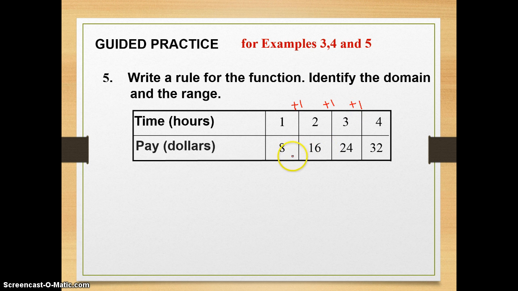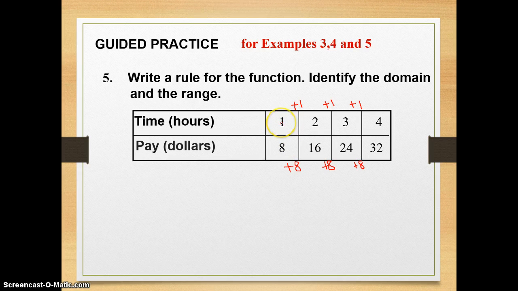Notice that the output, or the pay in dollars, is increasing by 8. So when you notice this, we want to look to see the comparison between the time and the pay.